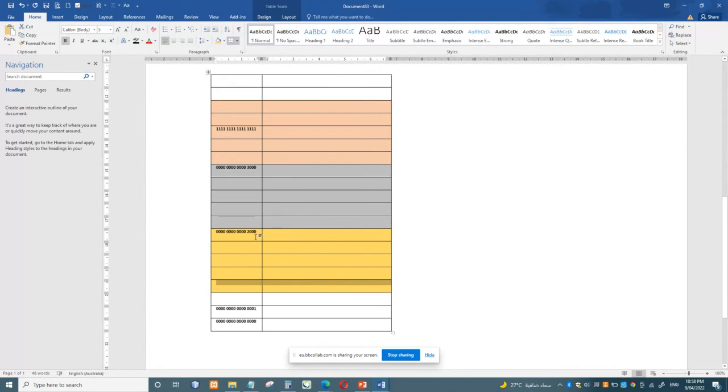This 5 is your displacement, because 2000 is the beginning of your block, and 2000 plus 5 gives you the address of this memory location. So usually we keep these addresses 2000, 3000, then say for example 4000.